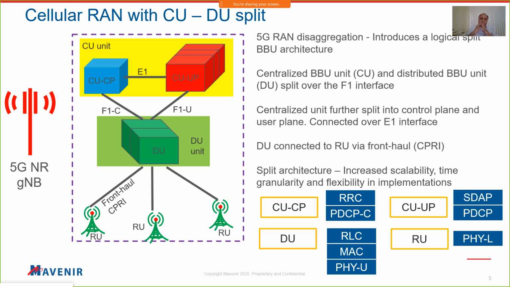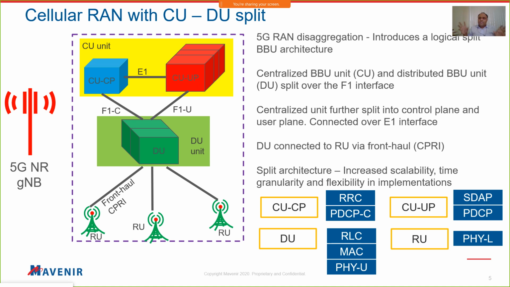Now, this split architecture is scalable and it is flexible in terms of implementation, and it supports the time granularities required for different time sensitivities for different processing operations. For example, the network functions of the CU typically require near real-time granularities, ranging from tens of milliseconds to the order of units of seconds, while the network functions in the DUs require real-time granularities, typically ranging in the order of units of milliseconds to tens of milliseconds.